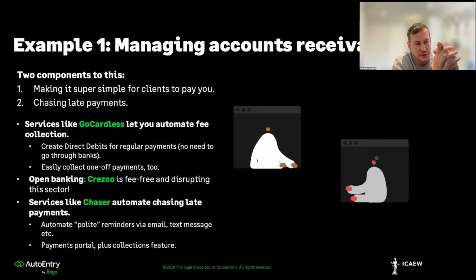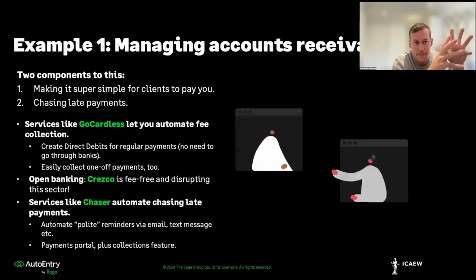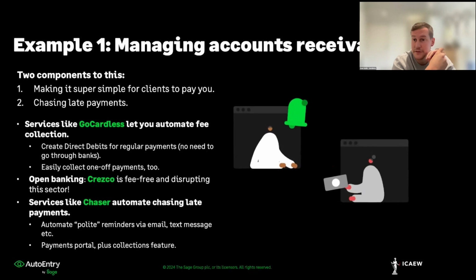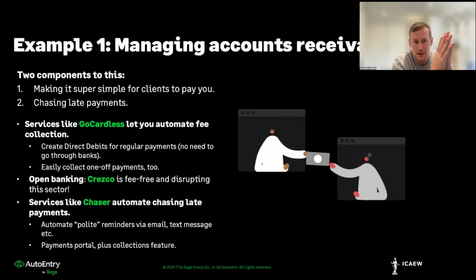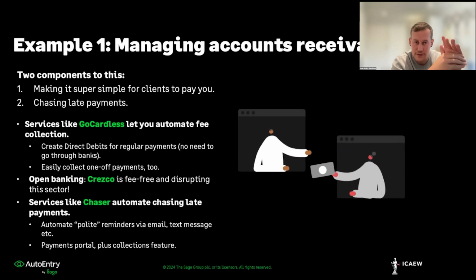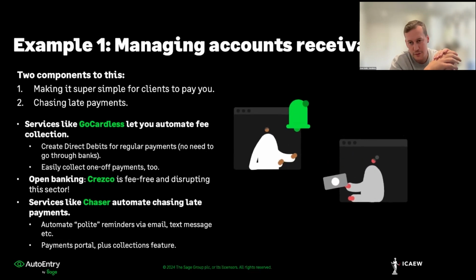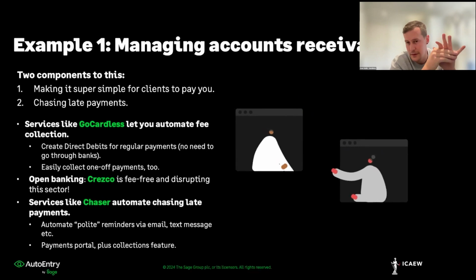And the reason, as we've put in Crezco as well here, is they're actually quite disruptive in the industry at the moment. So they're similar to GoCardless, without the direct debits. They're more one-off payments, and they allow you to put a pay now button on your invoices. Stripe's another one.